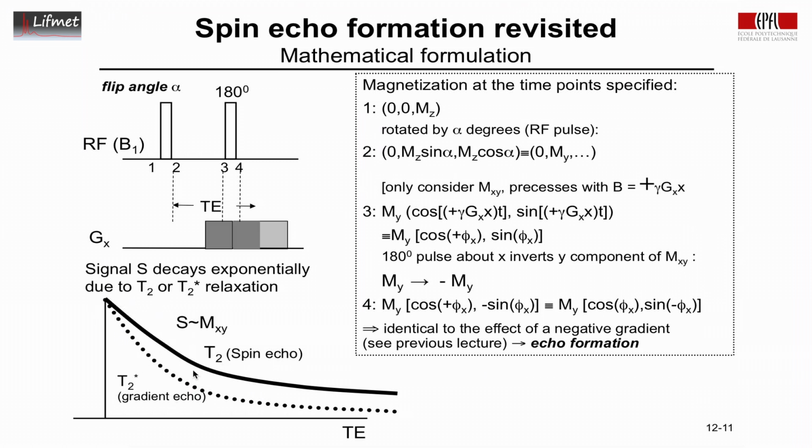So if we use gradient echo for refocusing, we have T2 star effects. If we use spin echo, 90 degrees, 180 degrees, then we have the T2 effect. The two are always linked due to the imperfect magnetic field in a given voxel.